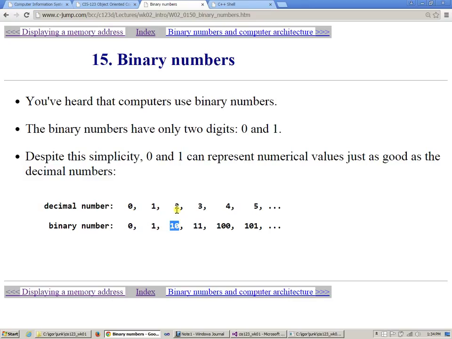So decimal 2 is 1, 0 in the binary world. Then decimal 3 is 1, 1. And again, we run out of possibilities and digits, and we have to switch over to 100, but of course it's not one hundred, it's just 4, right? So binary numbers really quickly gain size, right?